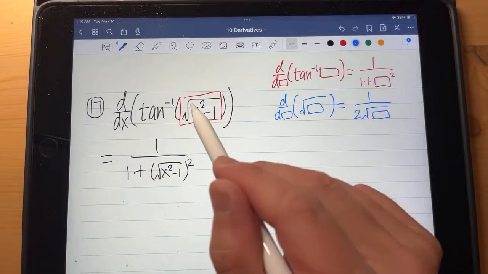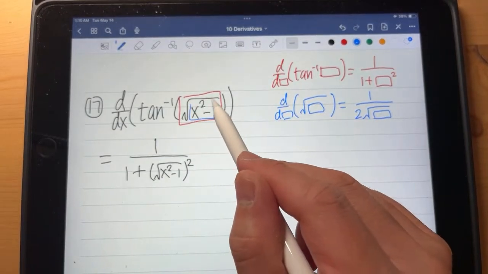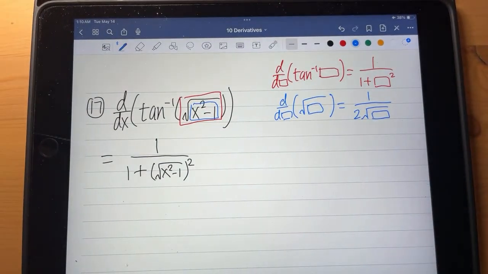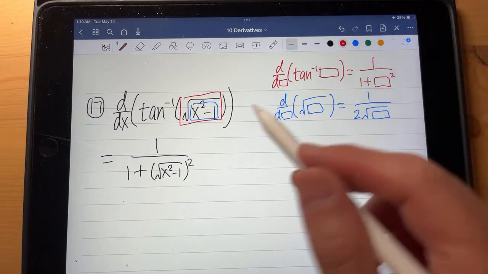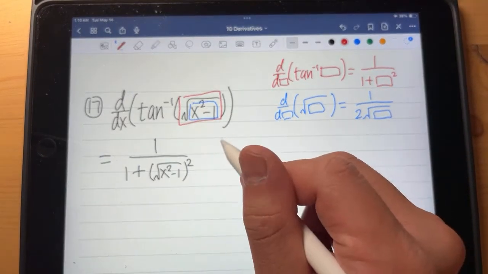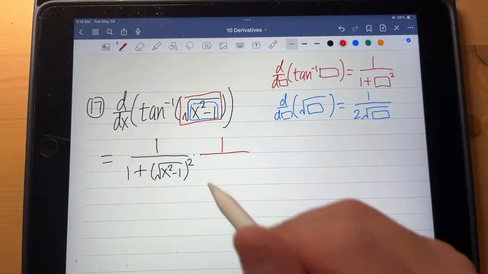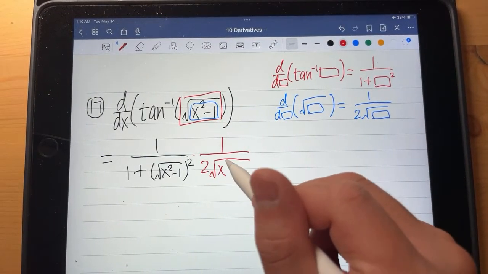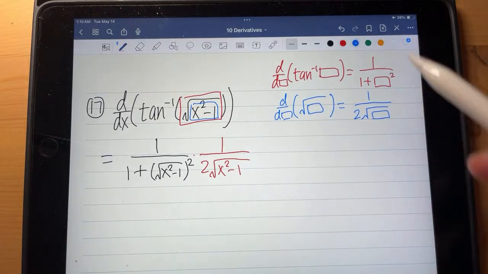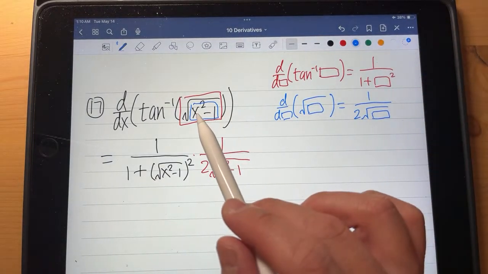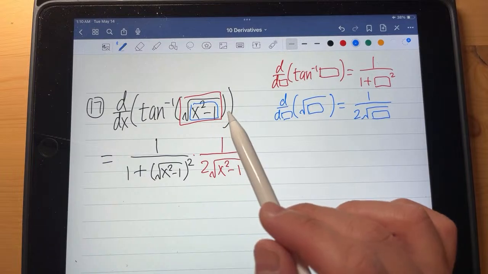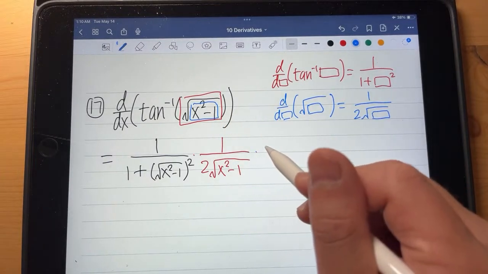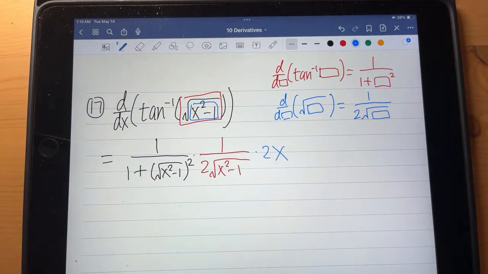So here we have square root, and then we have the x squared minus 1 inside. It's like a box. So for the square root part it is 1 over 2 square root of that thing, which is x squared minus 1. Lastly, the derivative of x squared minus 1 is 2x. So multiply by 2x. So that's the right setup.